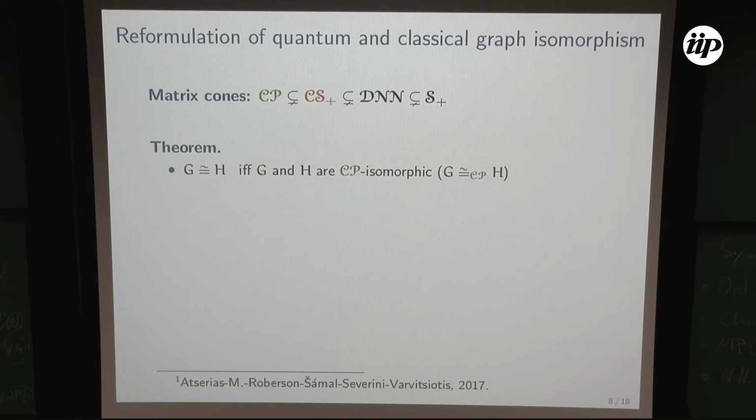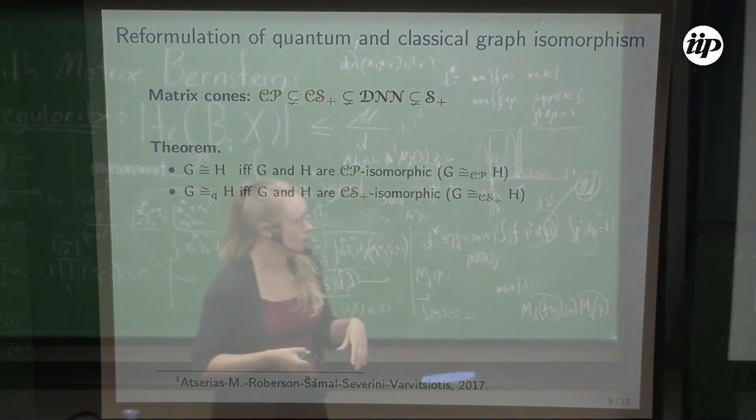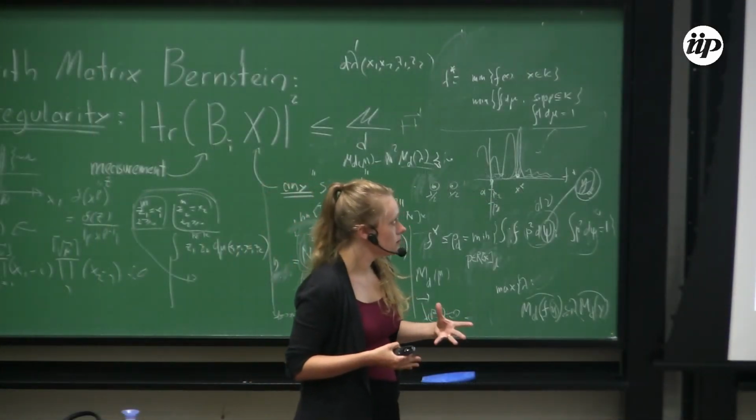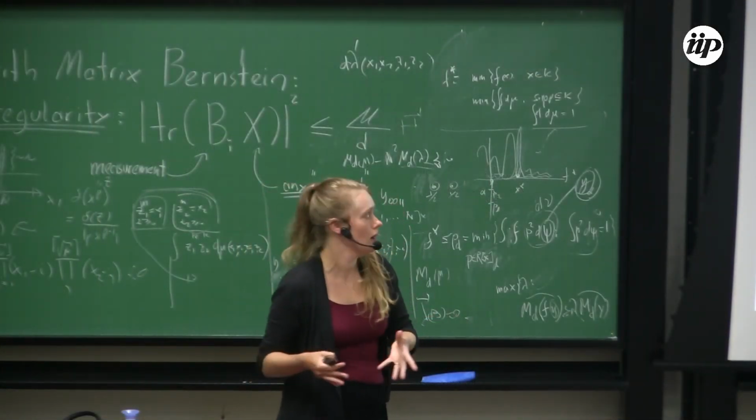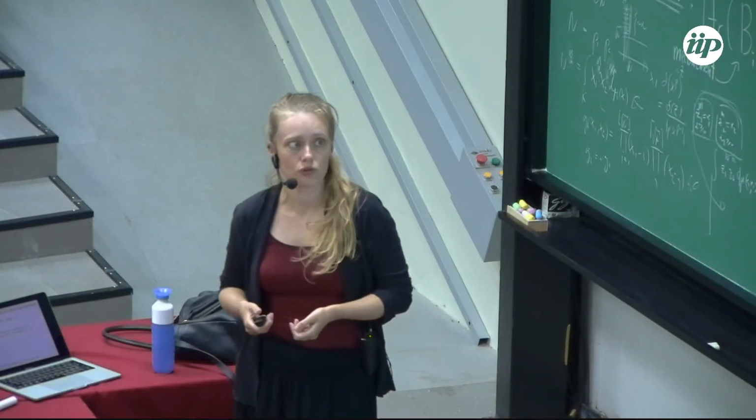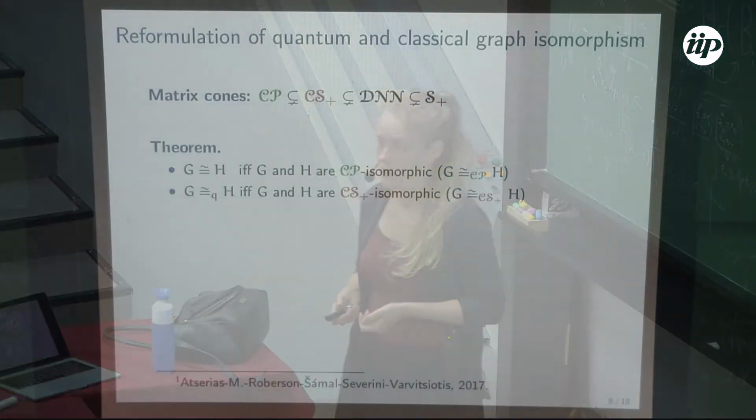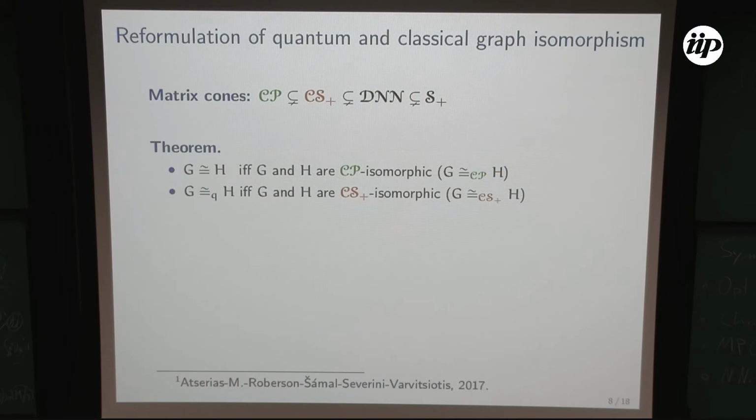And for quantum, it is the completely PSD cone. So my graphs are quantum isomorphic if and only if there exists a completely PSD matrix, which is a K isomorphism, an isomorphism matrix for these two graphs G and H. So it has these box sums and it has zeros in the right spots.